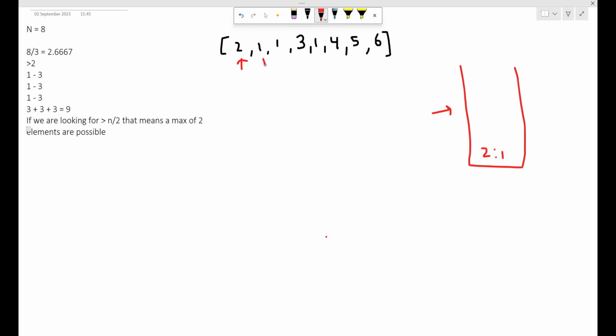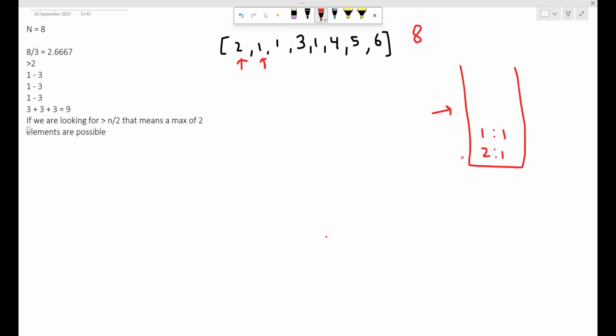Now moving to the next element, we see: does 1 exist in the hash table? No. We'll make an entry of 1 and make the count of 1 as 1. Whenever we make an entry, we will also compare, because n by 3 is 2 here in our case as n is 8.